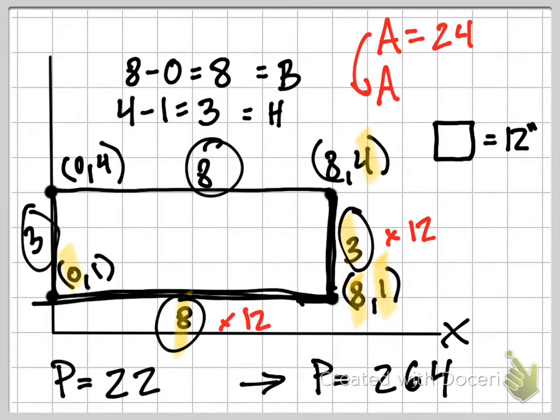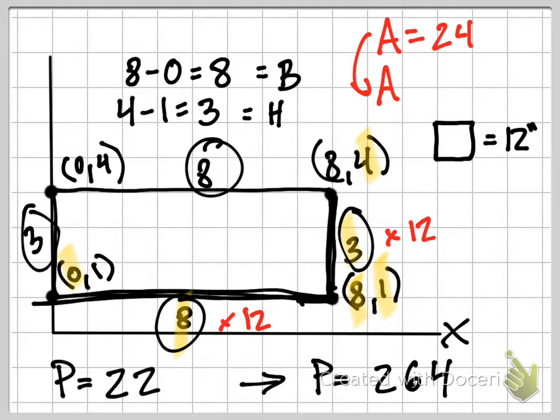But what happens to my area? Am I just going to multiply my area by 12? Yes or no? Daniel says yes. What do other people say? The other option is no. So everyone thinks we're just going to multiply our area by 12, right?